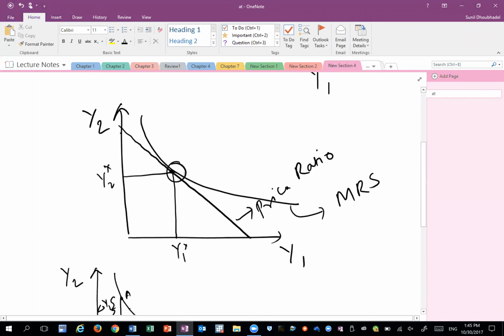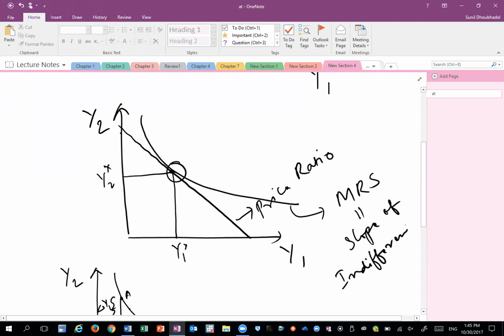This is the slope of indifference curve. If you go back and look at your notes, you'll see that we discussed that in the class also.